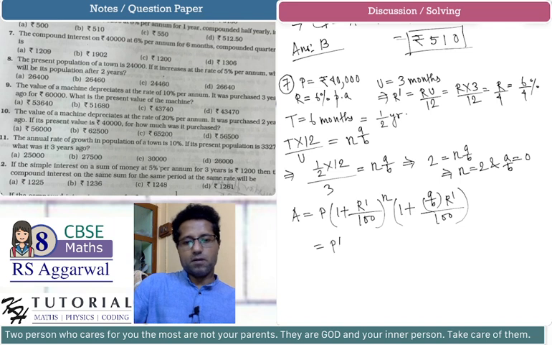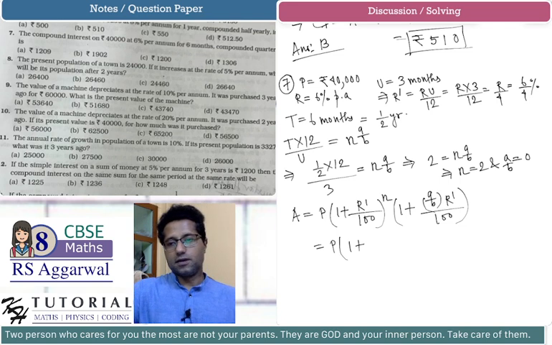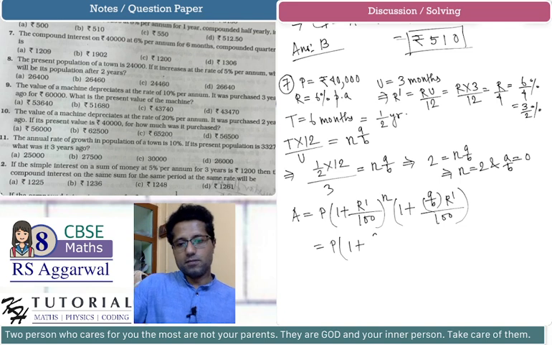Now, what is R dash? R dash is 6 by 4. So 6 by 4 can also be written as 3 by 2, that is 1.5%. So this becomes 3 by 200 multiplied by the fraction a by b, which is 0. So this part will be equal to 1.